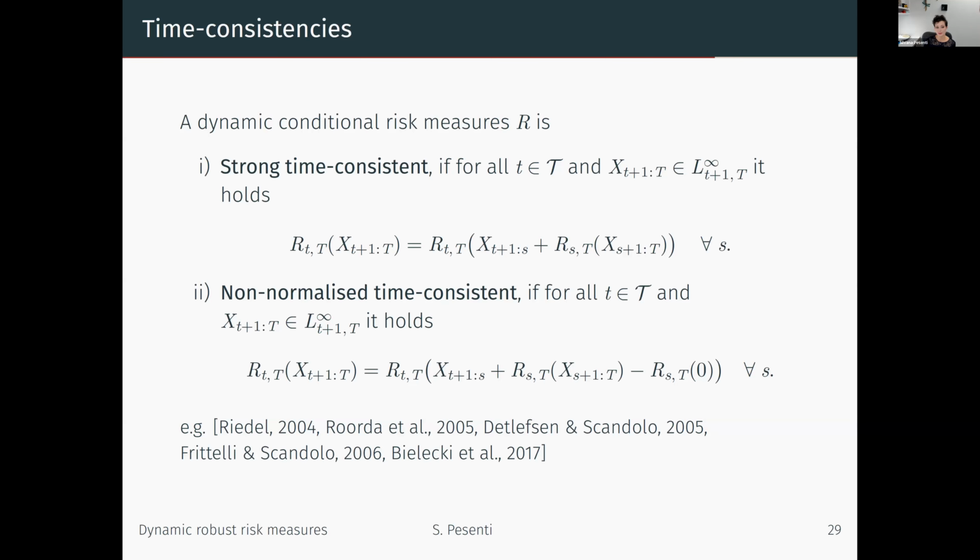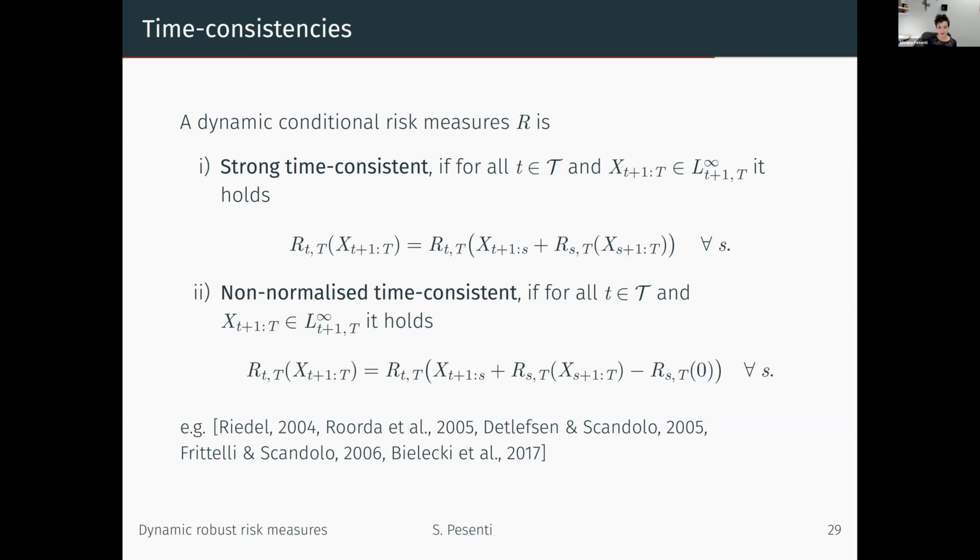So here a quick recap on strong time consistency, written down for the robust risk measure, is when you have this recursion. And what we also have to look at is non-normalized time consistency, because our robust risk measure is not necessarily normalized, which is typically assumed for a dynamic risk measure. So here the only difference is that we have to subtract the risk of 0 so that we don't count the risk of 0 multiple times.